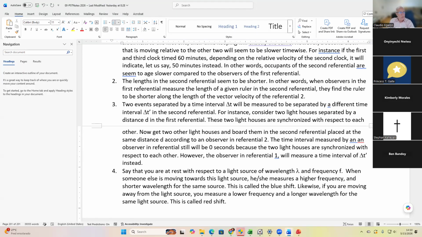Okay, four important consequences that scientists initially didn't believe at the time. There were even Nazi scientists that rejected completely the Einstein theory of relativity, not because the theory was incorrect, but because Einstein himself was Jewish.